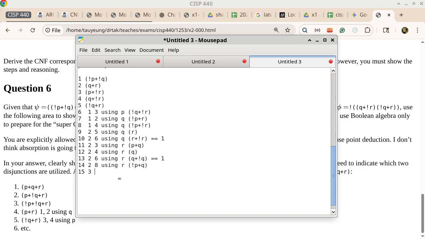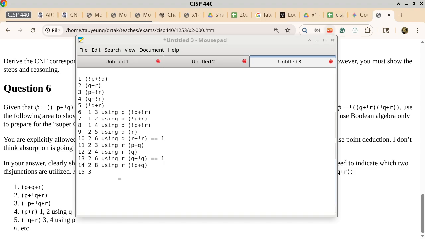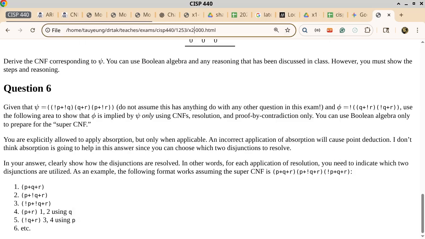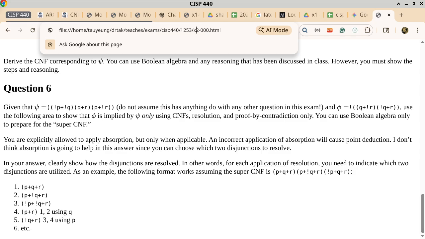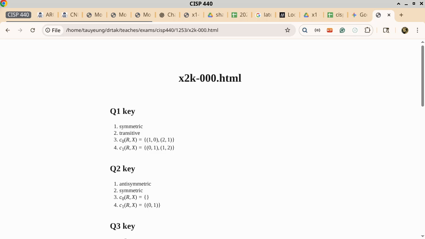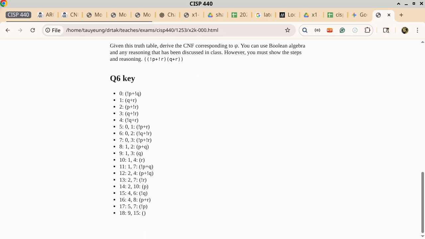Do you guys want to know what the answer is? Maybe? Because I can show you the entire answer. The answer is actually it does not resolve. So if I show you the key to this particular version, that's the whole sequence of all the resolution.